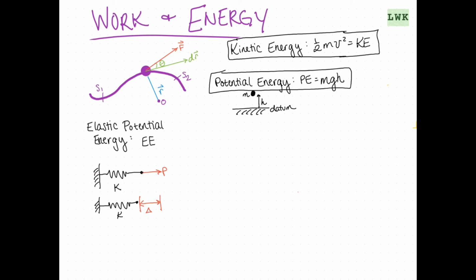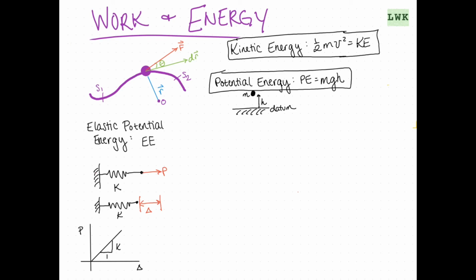And you could graph this just to show that the force and the elongation are proportional. So if you felt so inclined, that would look like so, where we have our force on the y and our delta on the x. And you would find that you would have a slope equal to our spring constant.